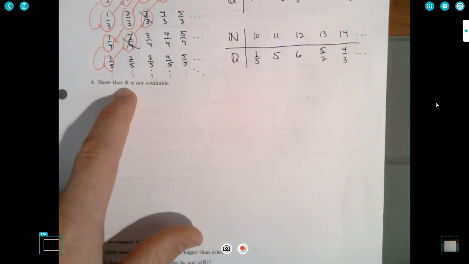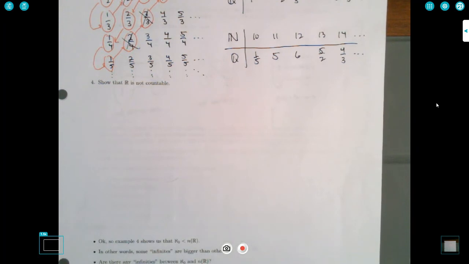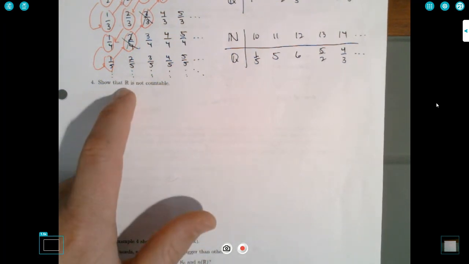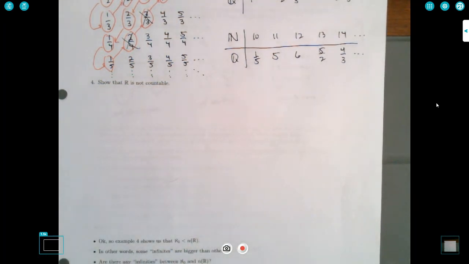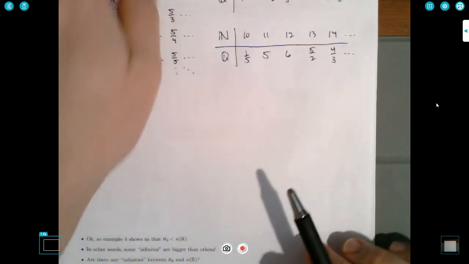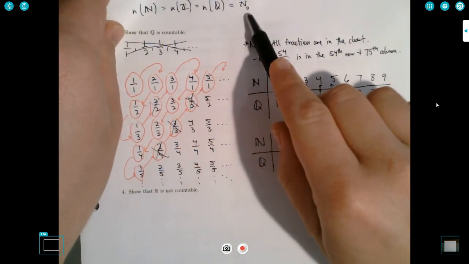And then here's where we get this crazy thing. The real numbers are not countable. The real numbers cannot be put into one-to-one correspondence with the natural numbers. The real numbers do not have cardinality aleph null.